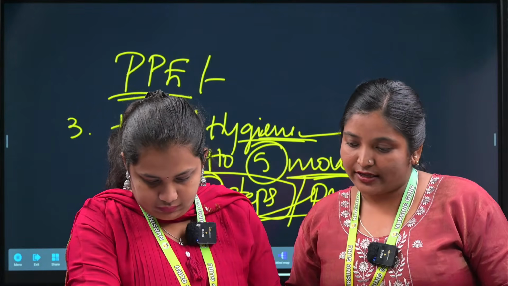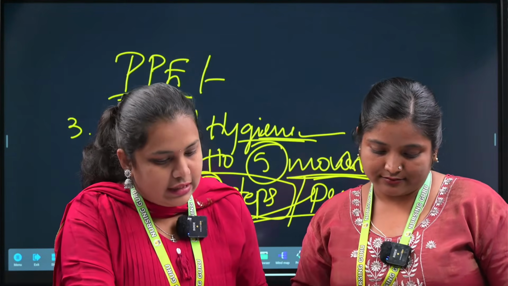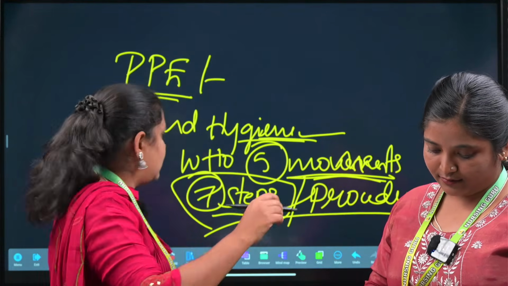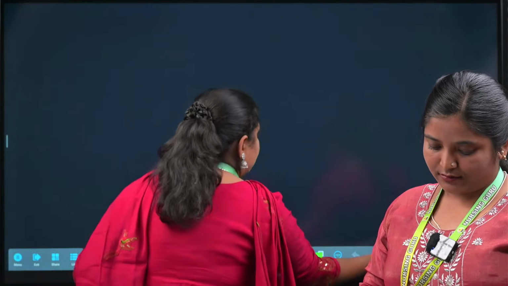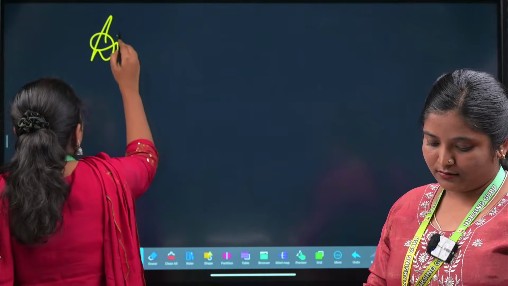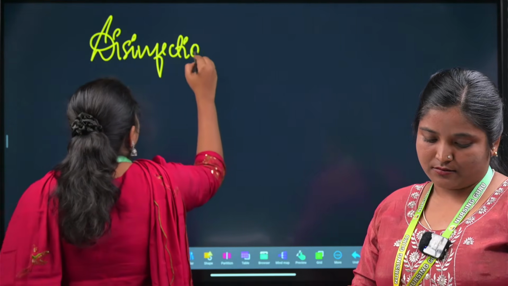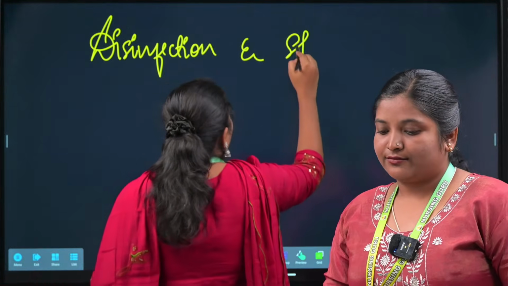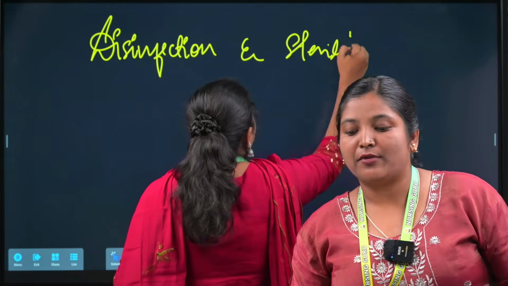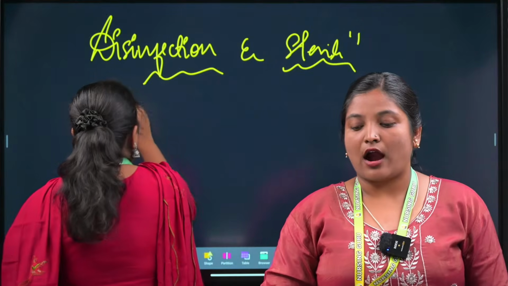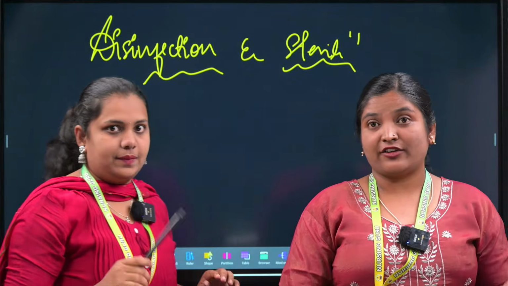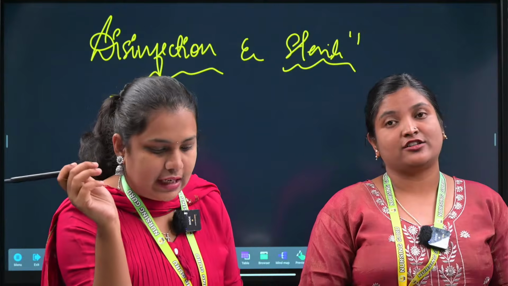Okay, so the next unit, disinfection and sterilization. Take down the next unit. This is a very important unit. You have to know all the disinfection techniques as well as sterilization.